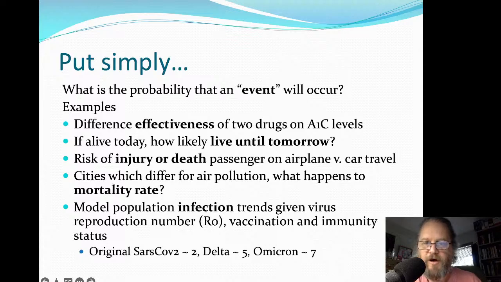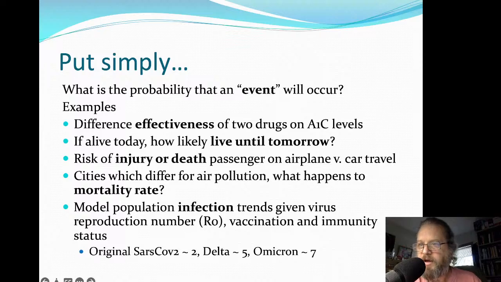Another, of course, scenario where we're talking about how likely is an event. So right now, living through this pandemic, the question is, how likely is the virus to spread from individual to individual? So the statistic that epidemiologists come up with is called a reproduction number.